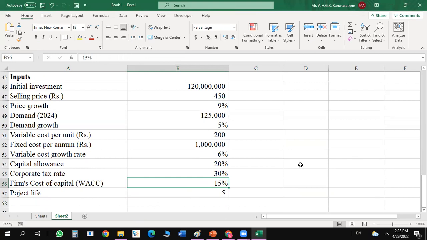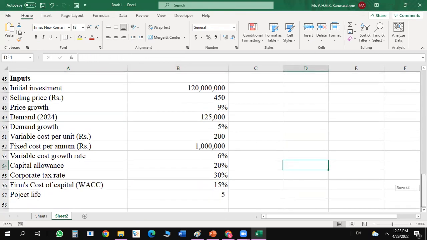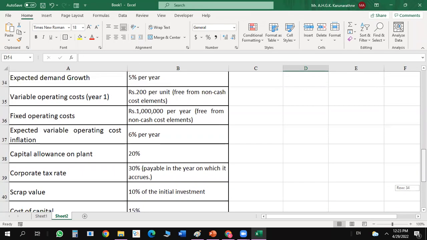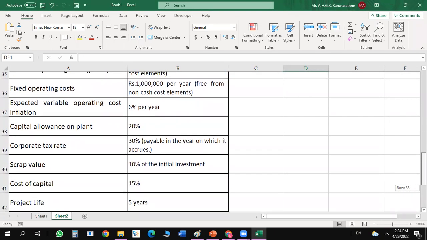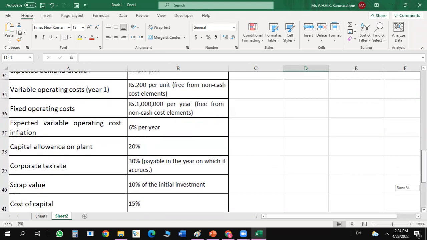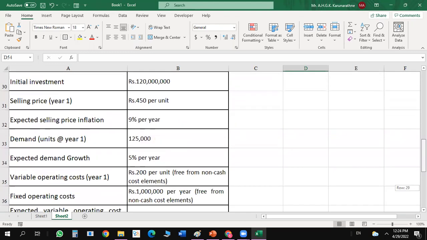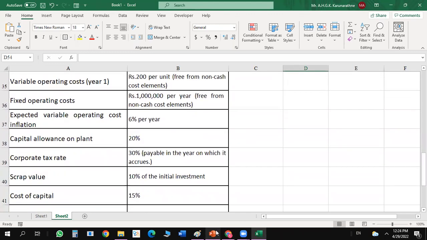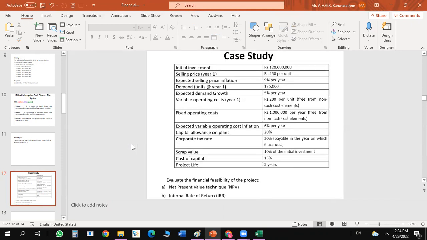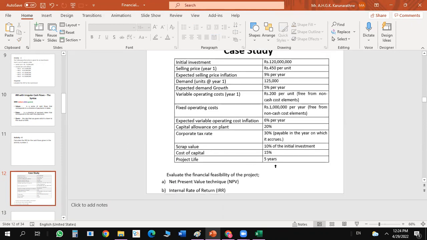Scrap value is missing. Let me have a look at the sum. Here it is, right?